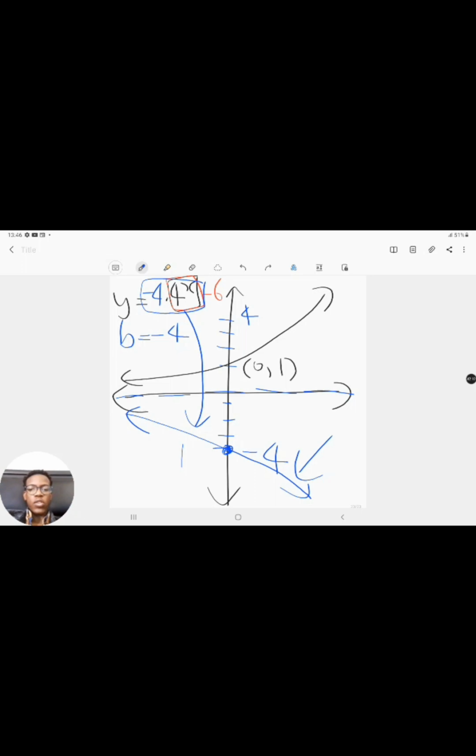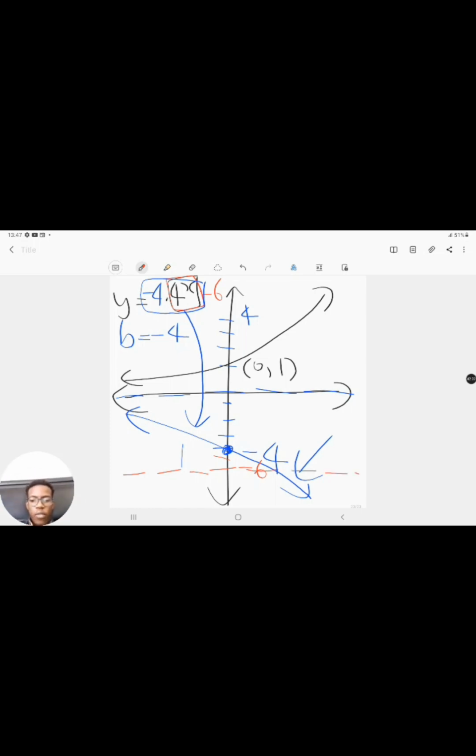Now, for us to consider the influence of minus 6, we have to take that asymptote and move it down by 6 units. So the asymptote then is at minus 6. So that's 4, that's 5, that's 6. Minus 6 is down there. So what's going to happen?